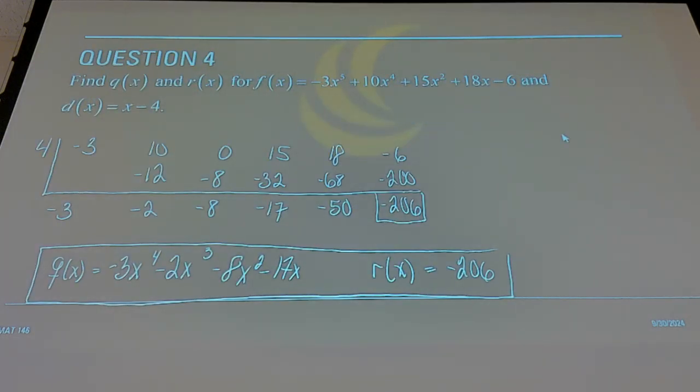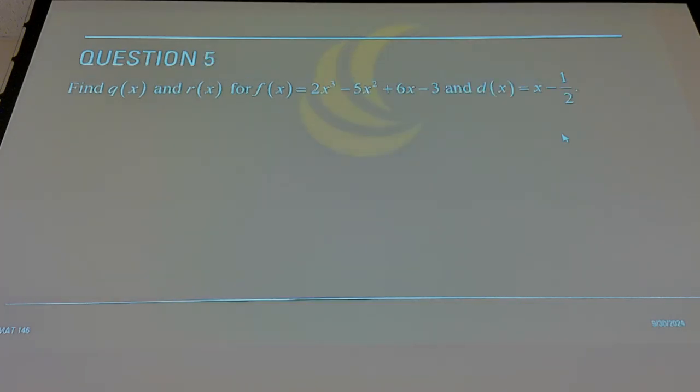So we've been looking at integer coefficients. Nowhere does it say your coefficients have to be integers. Here we're still being nice.